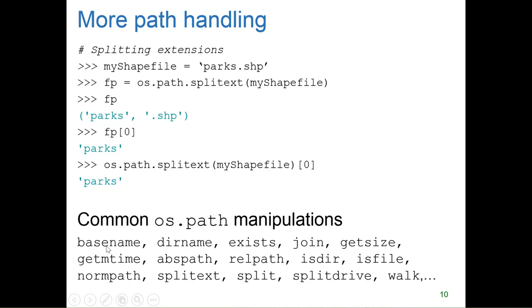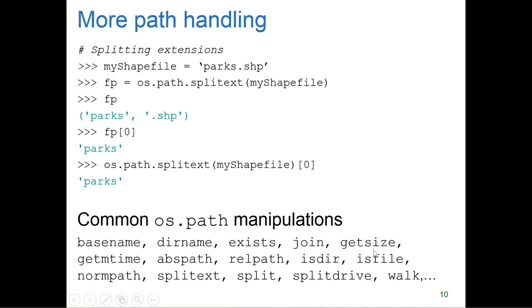As I mentioned, there are numerous os.path methods, just a few of those. For example, getsize returns the size of the file that you pass in based on the file size in the directory.